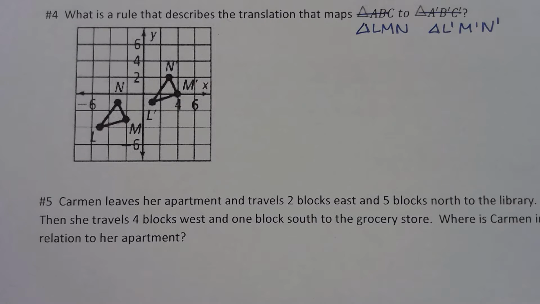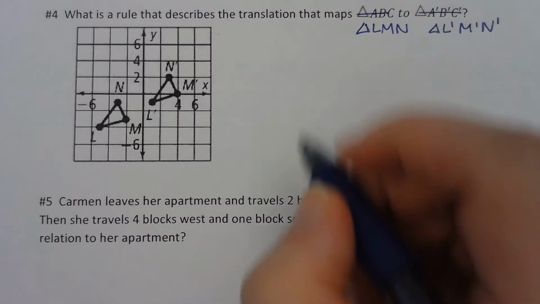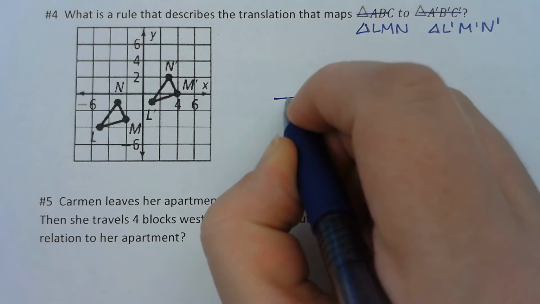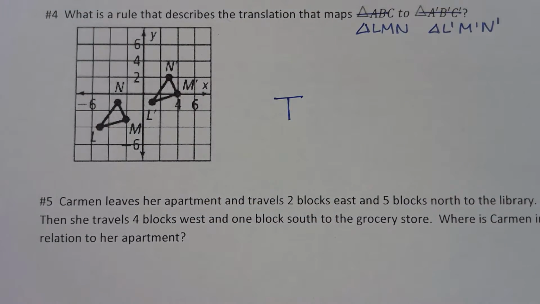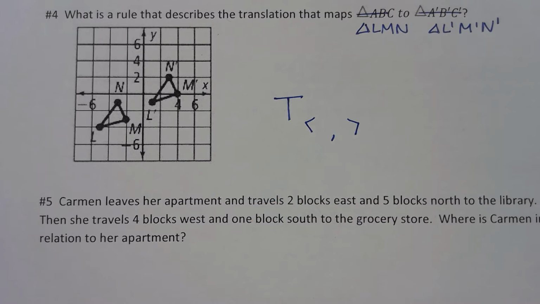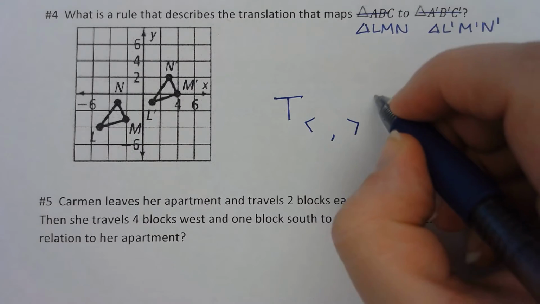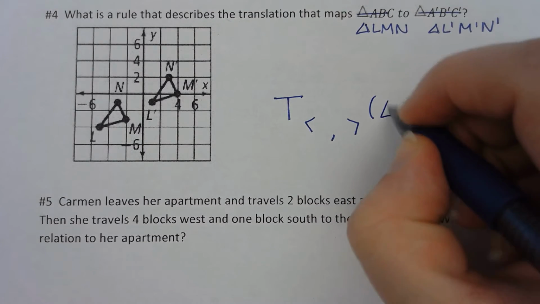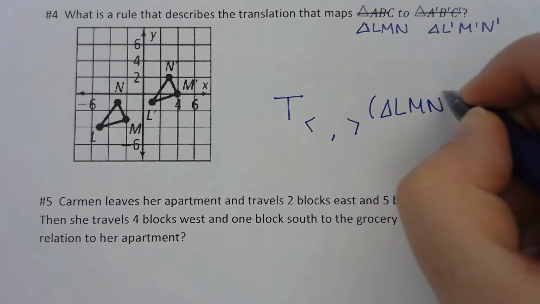So what we're doing in problem 4 is the reverse of what we just did in problem 3. We have the transformation. We want to write the rule. So we are translating, so we're going to need a T. We need to figure out what are the x and y I'm translating. And I'm going to do that transformation to triangle LMN.